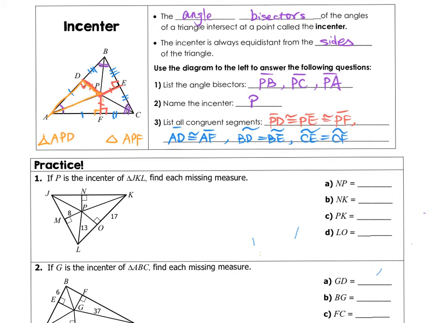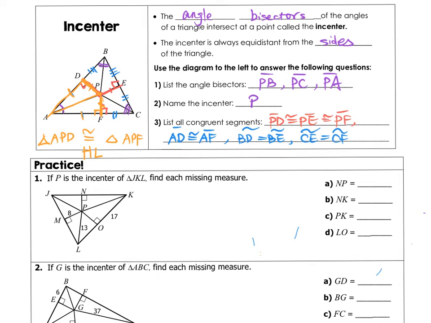They have a shared hypotenuse, so the hypotenuse is congruent. And also, because the distances from the incenter to the sides are congruent, PD and PF are congruent. Therefore, I know that one of the legs is congruent. So by HL, these two triangles are congruent, and therefore the other legs, AD and AF, are congruent as well.